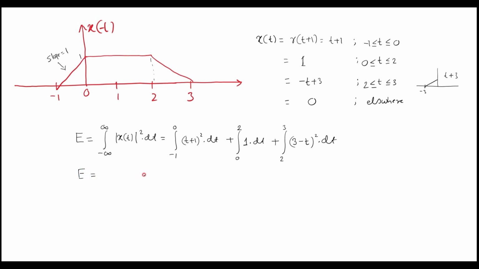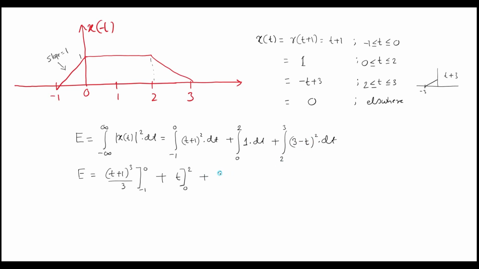E is equal to integration of t plus 1 square, it gives t plus 1 cube divided by 3. The limit values are minus 1 to 0, plus the integration of 1 is t. The limit values are 0 to 2, plus here 3 minus t square.